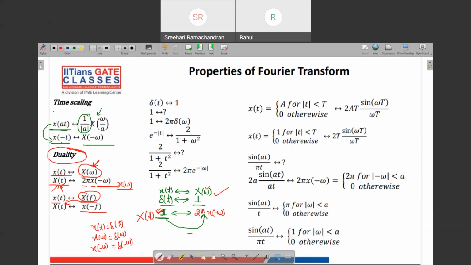So you can write this as 2 pi delta of minus omega, and delta of omega is an even function of omega, so you can also write it as 2 pi delta of omega. Based on this duality property, the Fourier transform of 1 is equal to 2 pi delta of omega. Anyone has any doubt here?